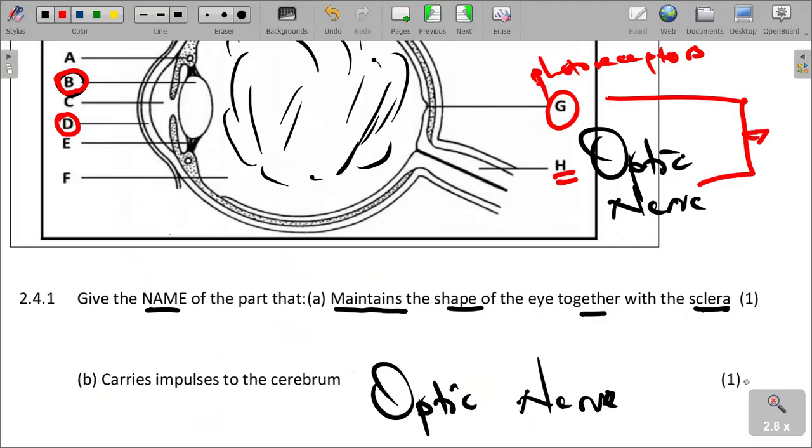So now we need to understand that G is actually the retina or the yellow spot. You first of all need to find out that it is the retina, or we can say that it is the yellow spot.